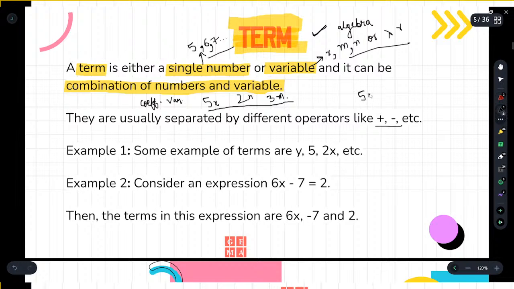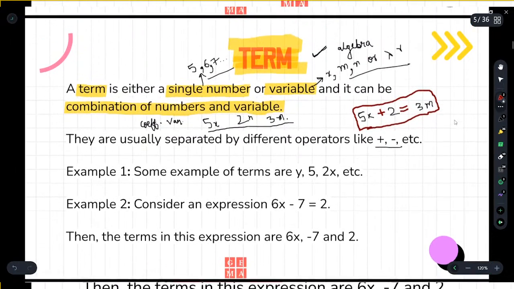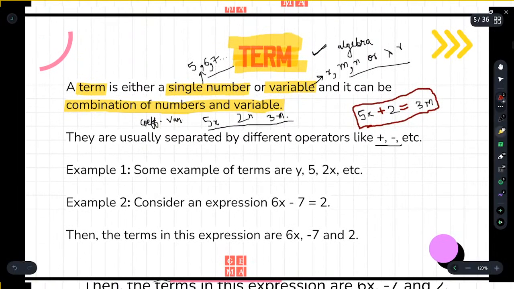Like 5x is a term, 2 is a term, and 3m is a term, right? And when these all are separated by an operator, these all make a what? These all make an algebraic expression.